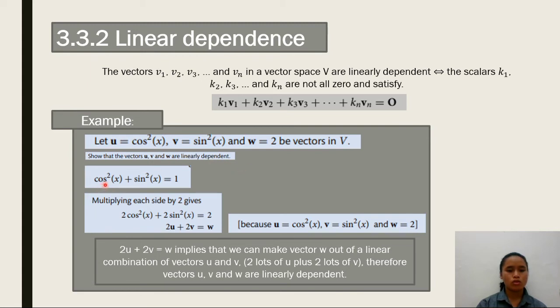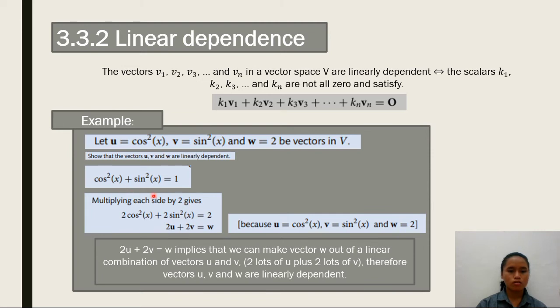Since cos squared x plus sin squared x equals 1, multiplying each side by 2 gives 2 times u plus 2 times v equals y, because u is cos squared x.